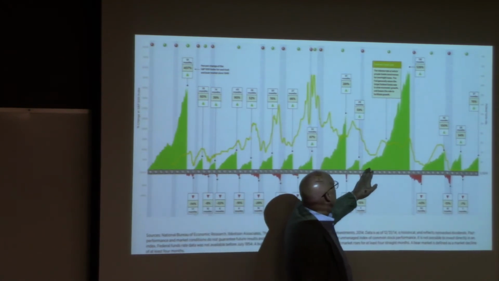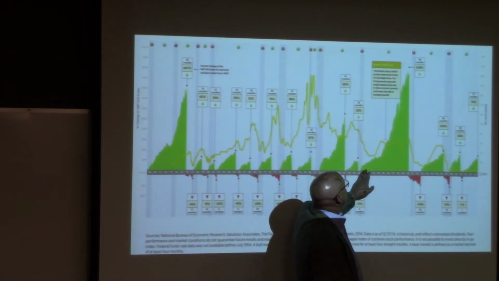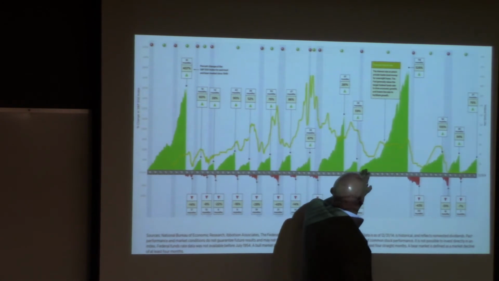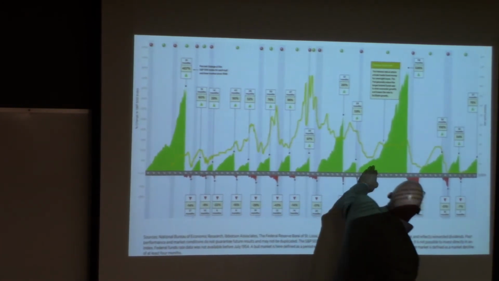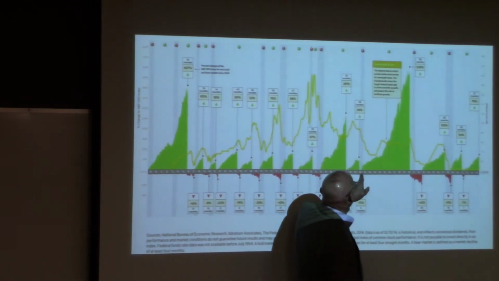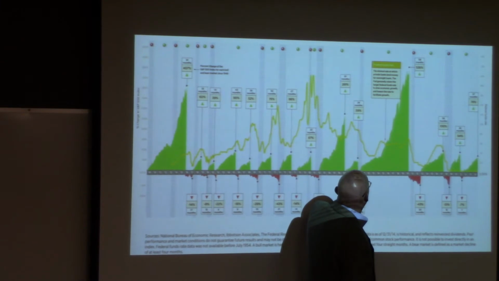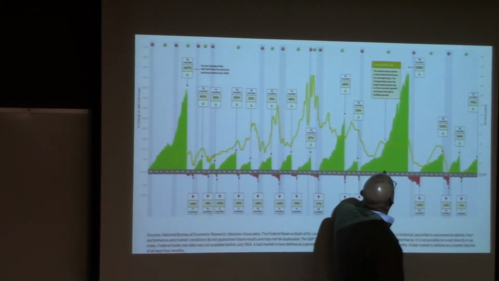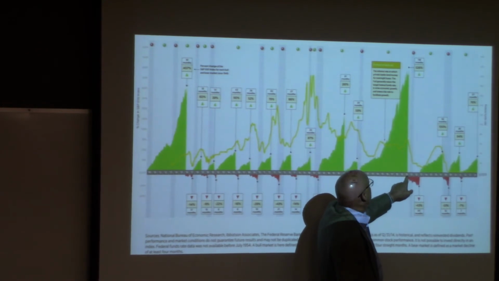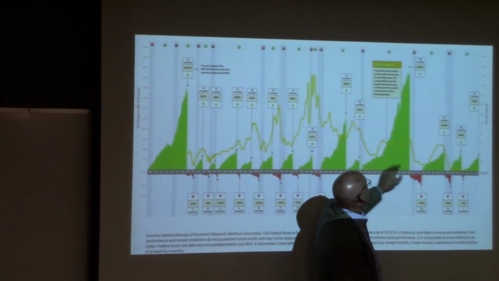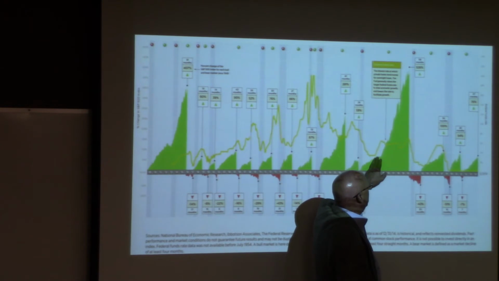And then we had the great bull market of the 90s, where we had a 526% increase that lasted 118 months. It went from the middle of 1990 all the way until 2000. So we had a very long, very powerful run-up in the market.